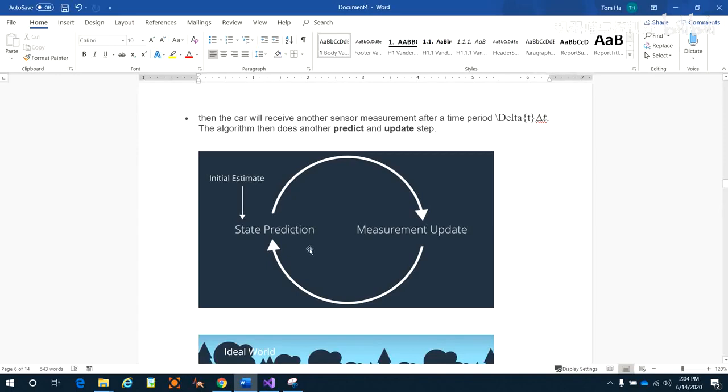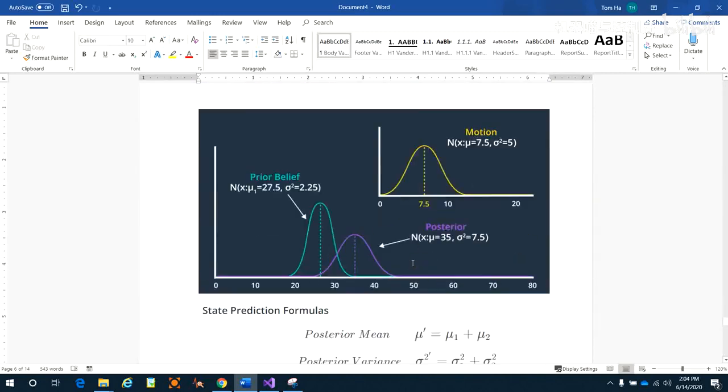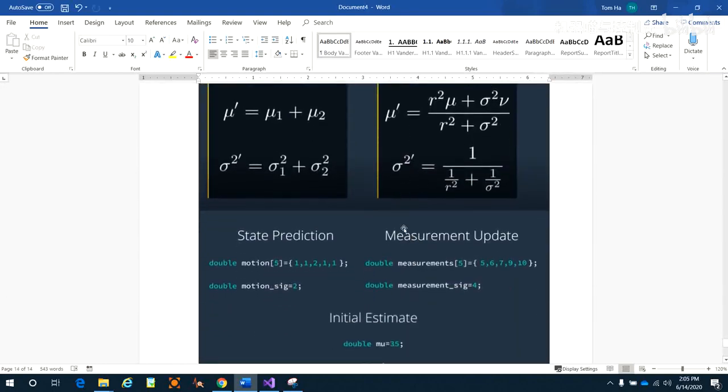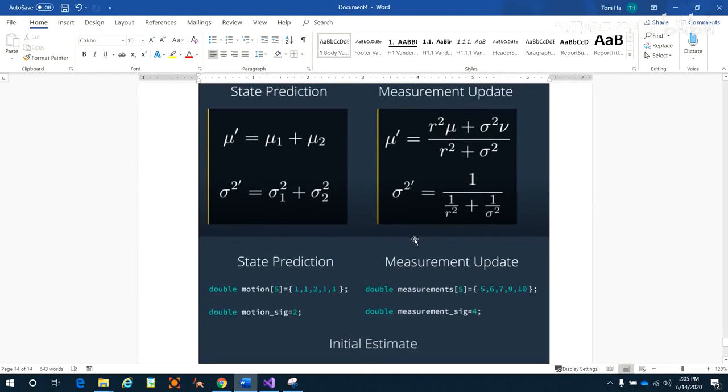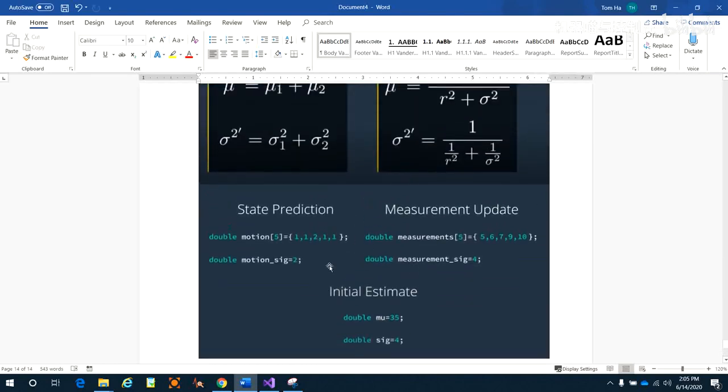Maybe it's wrong, but after several measurements, they converge and get the correct value. For this example, the initial estimate is mu equals 35 meters, and the sigma density is 4.